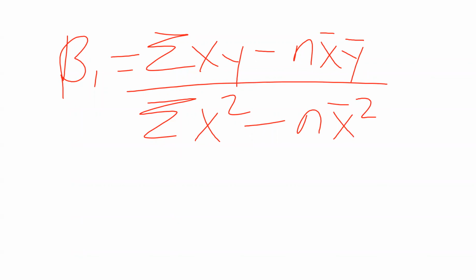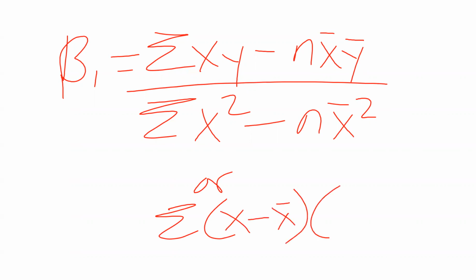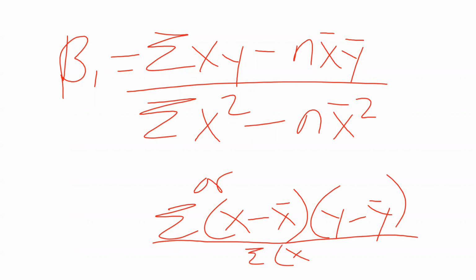Which is the same as the summation of the deviations, that is x minus x bar times y minus y bar, all divided by the summation of x minus x bar squared. That is how you find that.